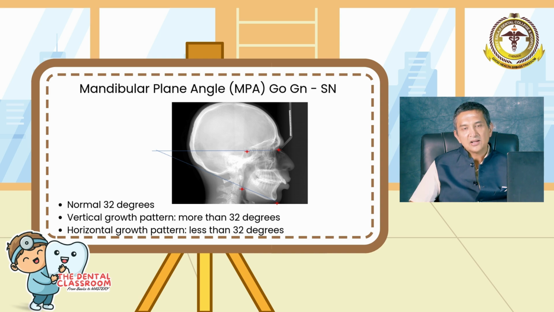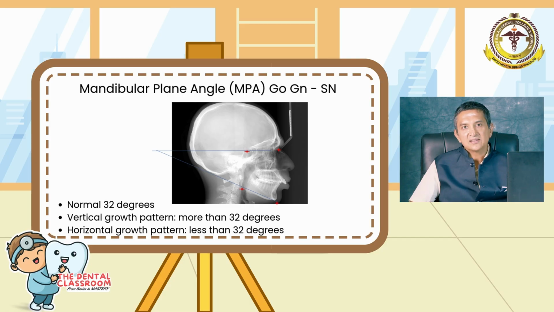Steiner ascribes a normal value of 32 degrees. Anything more indicates that the mandible is rotating in a clockwise pattern, or a vertical growth pattern, and anything less than 32 indicates that the mandible is growing in an anti-clockwise pattern, or a horizontal growth pattern.